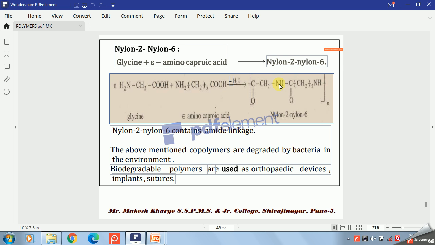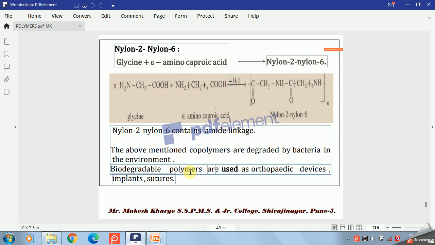So that's why it is an amide linkage polymer. It is also a copolymer, and all these three copolymers are degraded by bacteria in the environment.